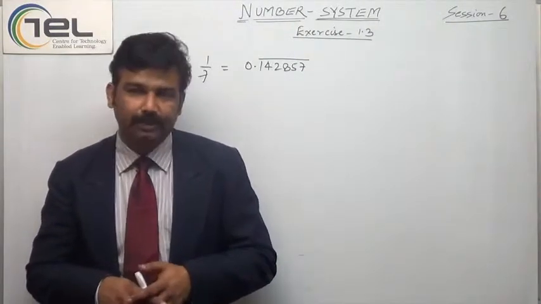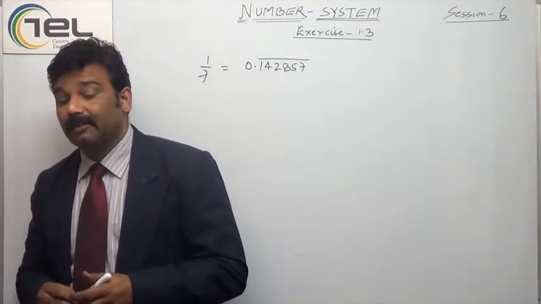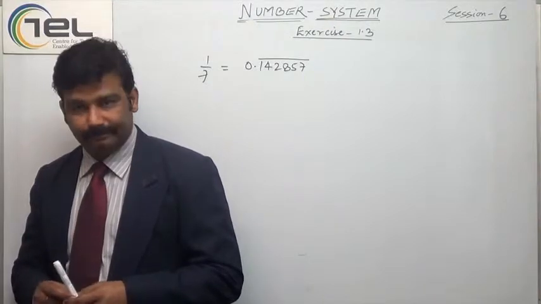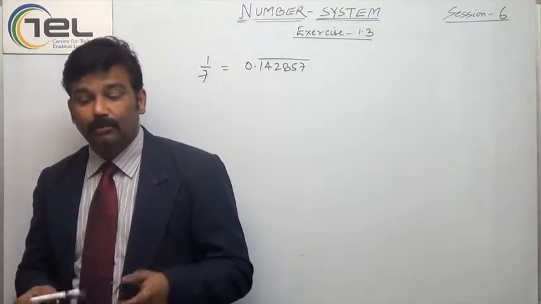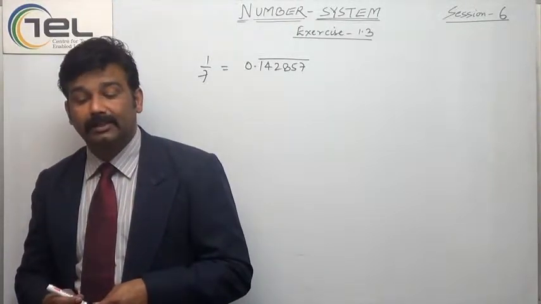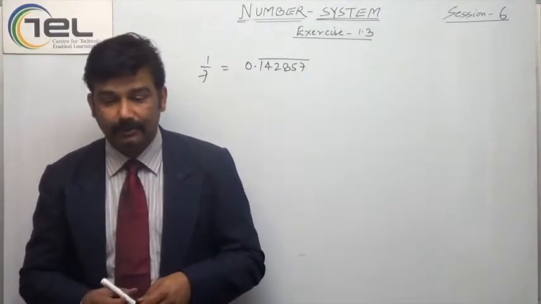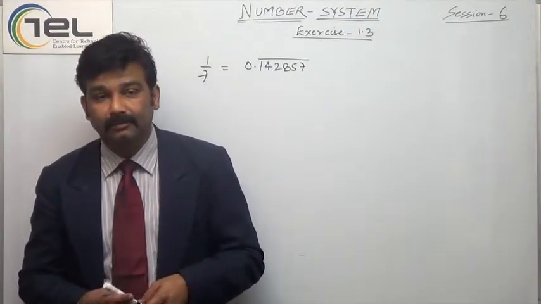Let's take question number 6. Look at several examples of rational numbers in the form p by q, where p and q are integers with no common factors other than 1 and having terminating decimal representation. Can you guess what property q must satisfy?